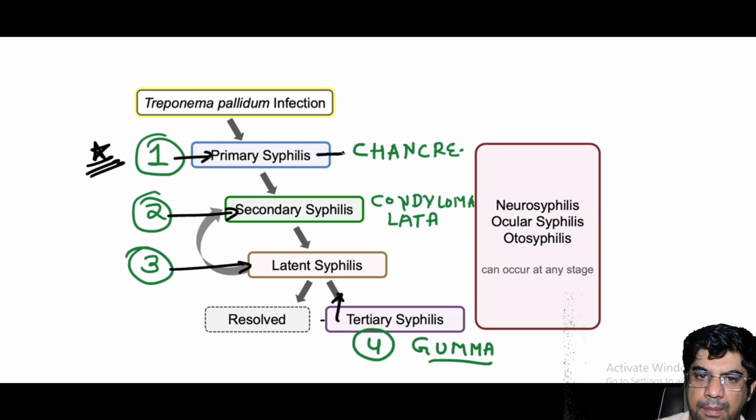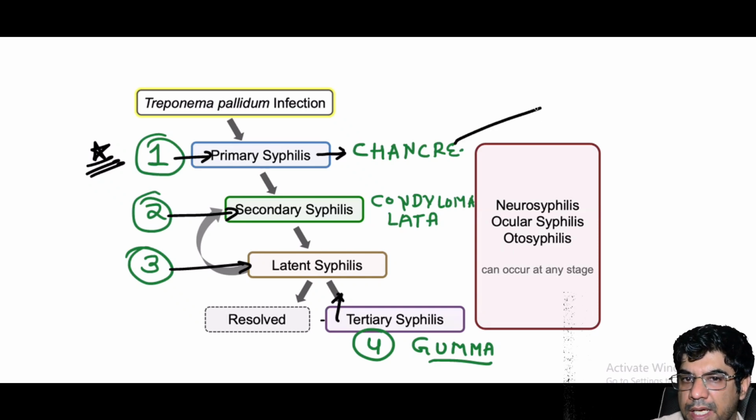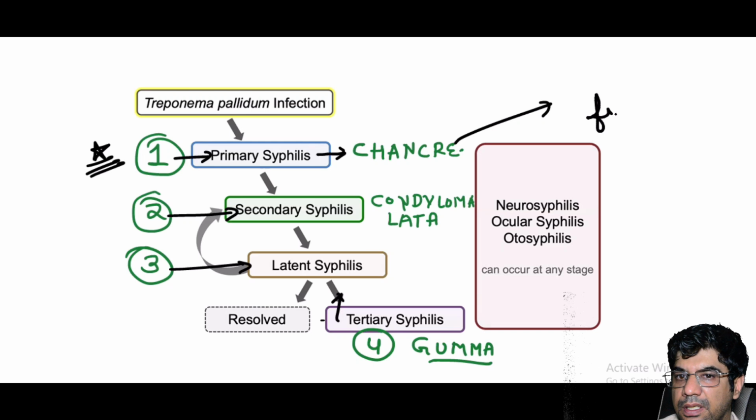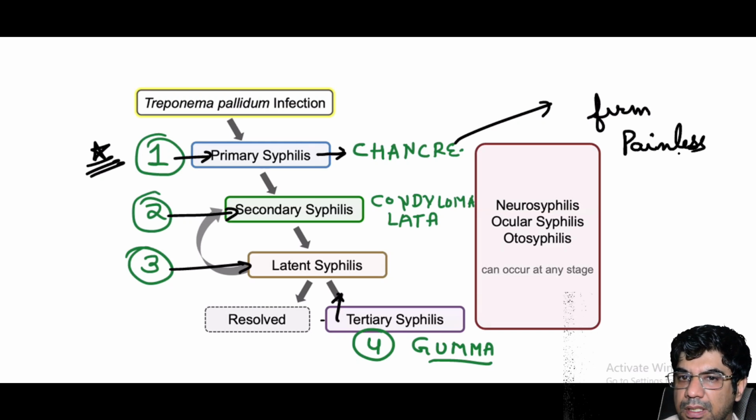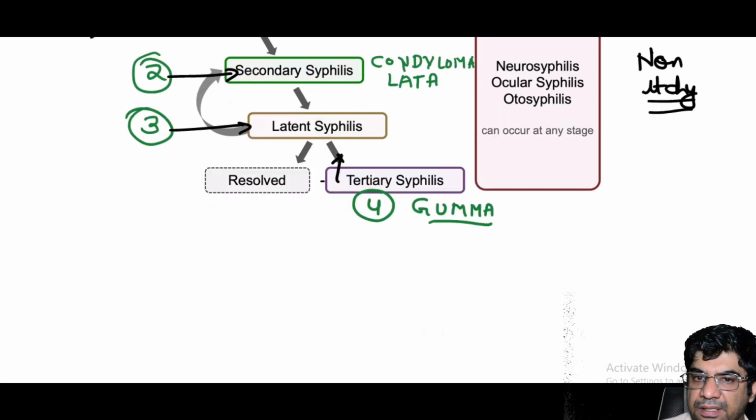In primary syphilis, the most important feature that you will see is a chancre. So who can describe what a chancre is? Chancre, remember, is a firm, painless, non-itchy skin ulceration that appears at the site of infection.